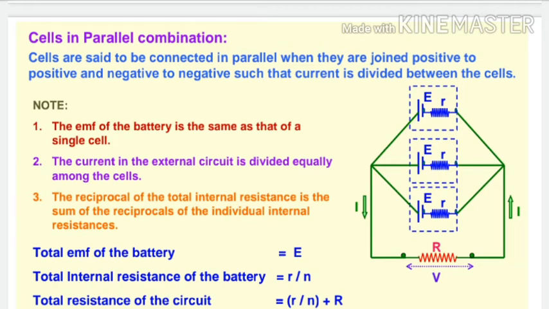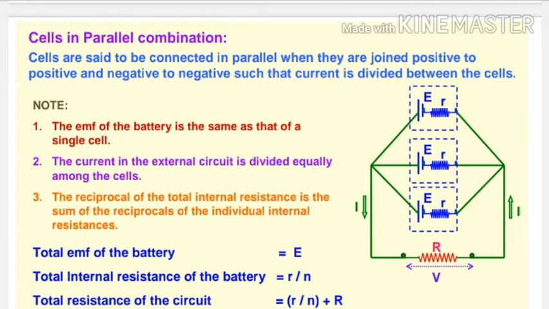If the EMF of any cell is larger, then when current flows through the circuit, there is such a potential drop that the terminal potential of each cell will be the same. In this calculation we assume that the EMF of the battery is the same as that of a single cell, and the current in the external circuit is divided equally among the cells.